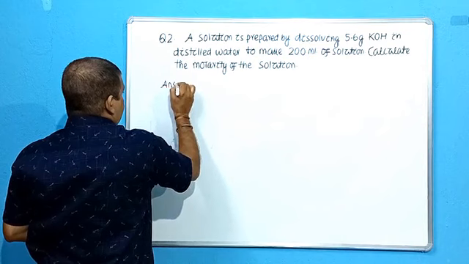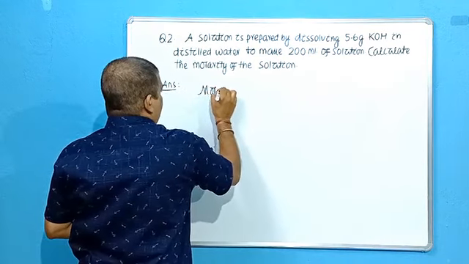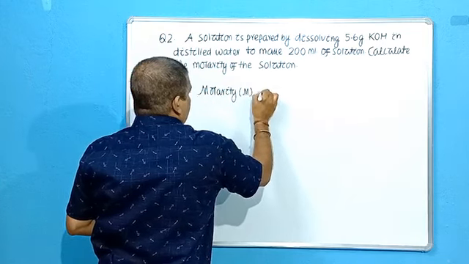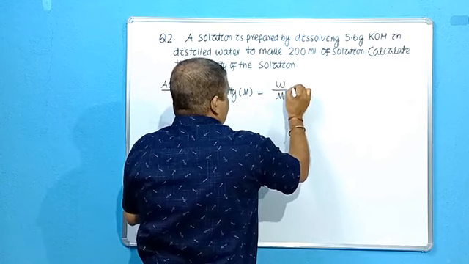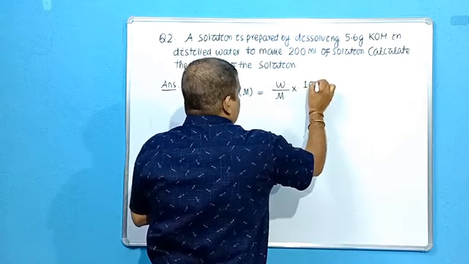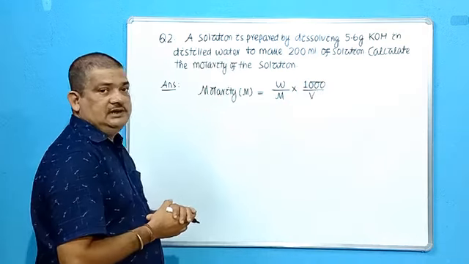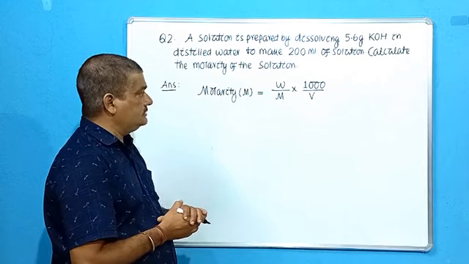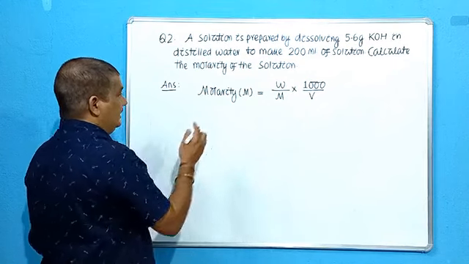So let us solve this one. So what will be the answer? Molarity again. What is the formula? Molarity M is W by M into 1000 by V. Where W is the mass of the solute in grams, M is the molar mass of the solute, then V is the volume of the solution in milliliter. Okay.